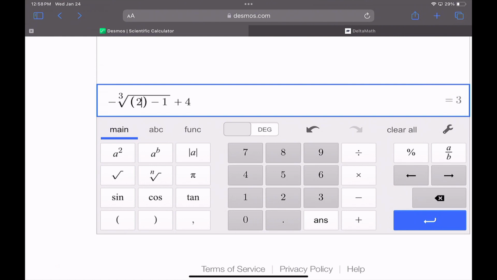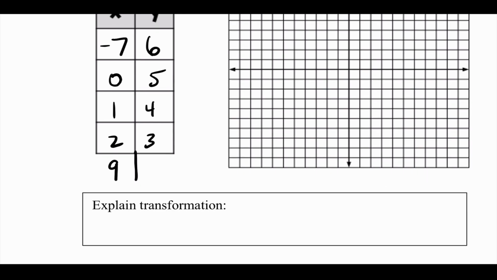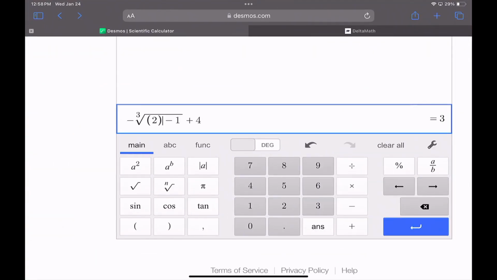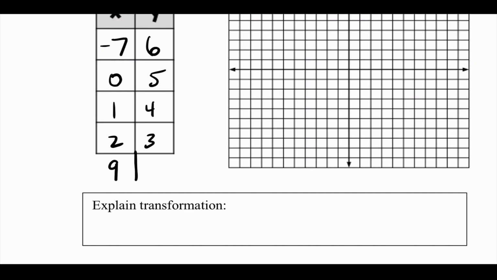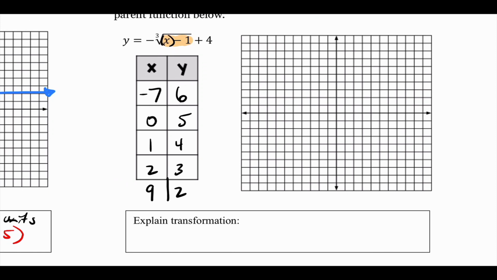When I plug in 2, I get 3. Last number is 9. When I plug in 9, I get 2. Go make dots.